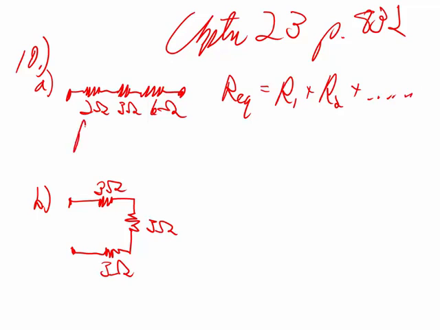So looking at this one, we want the equivalent resistance. We have the 2 ohm plus the 3 ohm plus the 6 ohm equals 11 ohms.